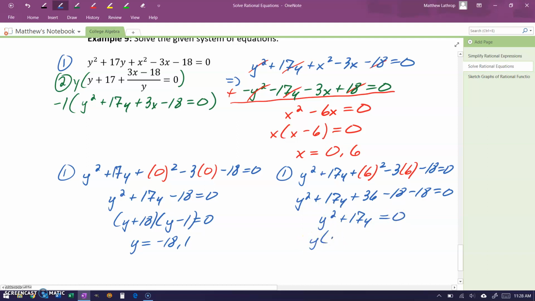Factoring out a y will give us y times the quantity y plus 17 is equal to 0, meaning we get two solutions, y is equal to 0 or negative 17.